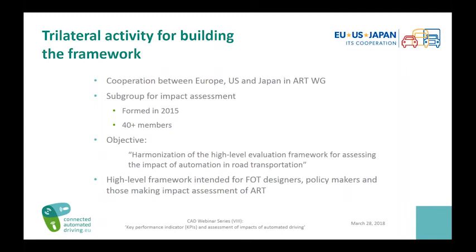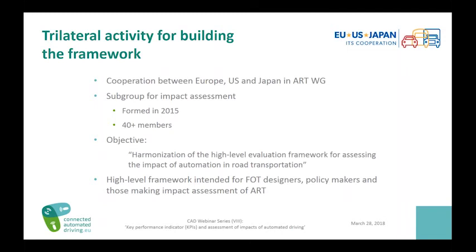We have now more than 40 members from all of them, covering research and authorities and decision or policymakers. And the objective of this group was the harmonization of a high-level evaluation framework for assessing the impacts of automation in road transportation. So that was the high-level aim or the mission to do.